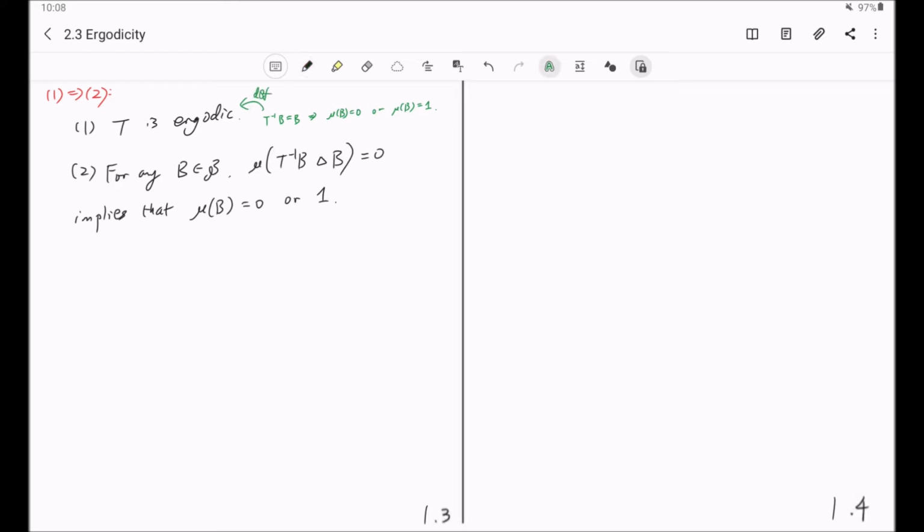Now, to prove 2, we'll take any measurable subset with this property, that the symmetric difference of B and T inverse B has measure 0. So let B be a so-called almost invariant measurable subset.